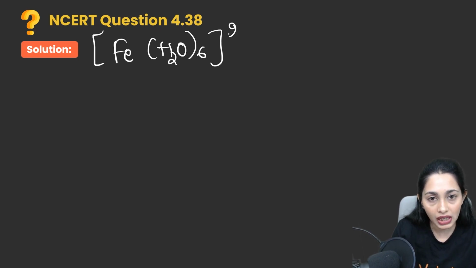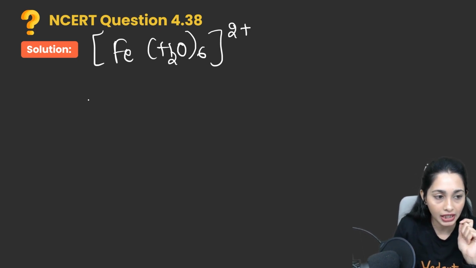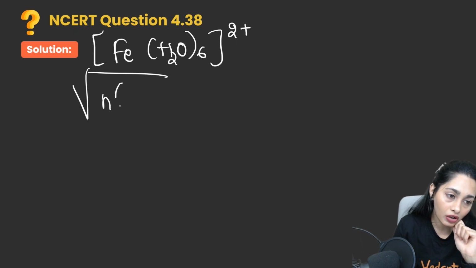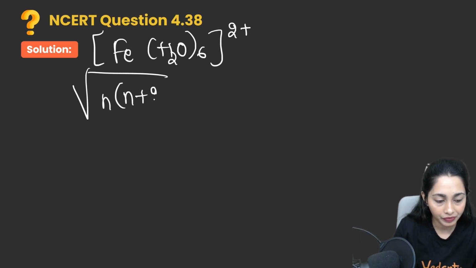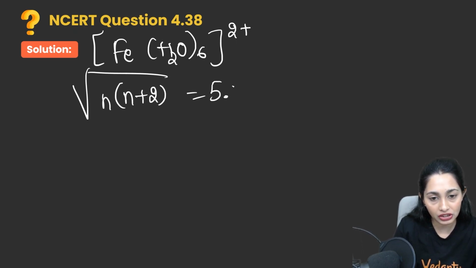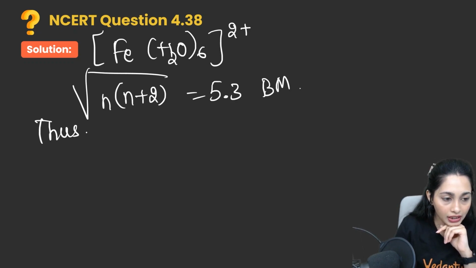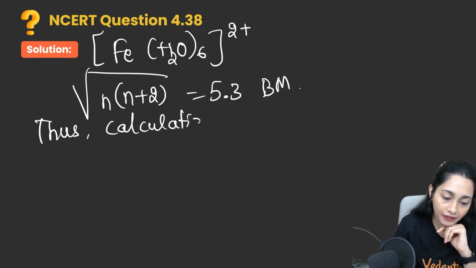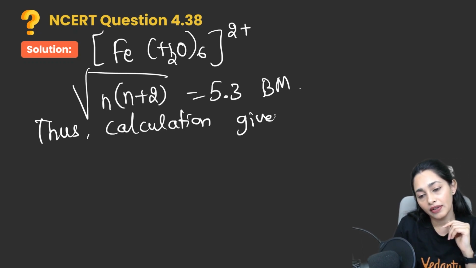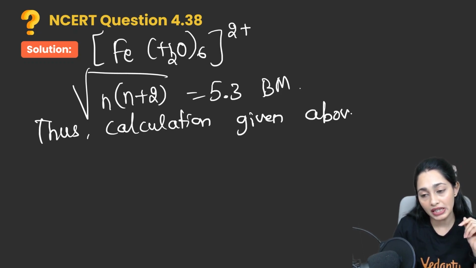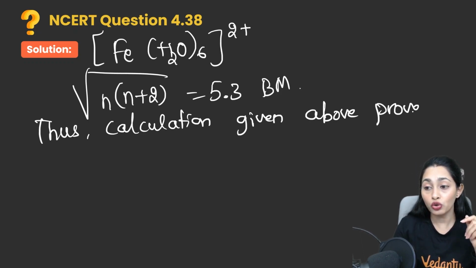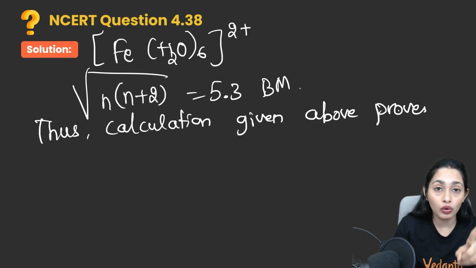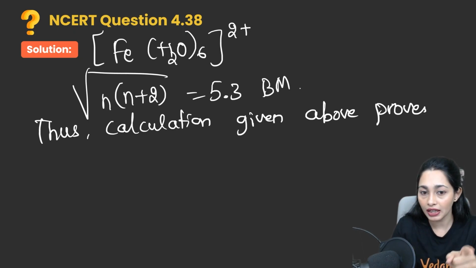And the complex is in +2 oxidation state, and the magnetic moment is already given as 5.3 Bohr magneton. Thus, the calculation given above proves what could be the nearest or closest value of n if it is 5.3.